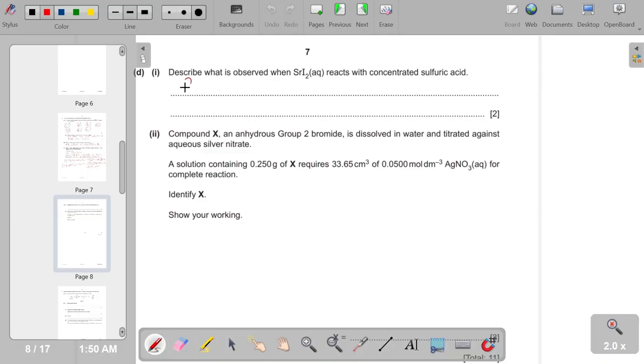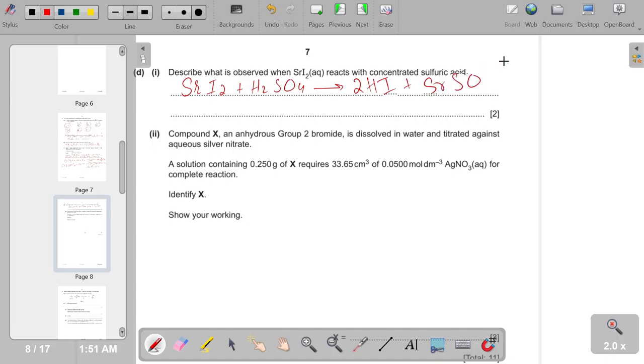When strontium iodide reacts with H2SO4, it is a very famous reaction, and you should know sulfuric acid is a strong oxidizing agent. You will get hydrogen iodide with strontium sulfate.